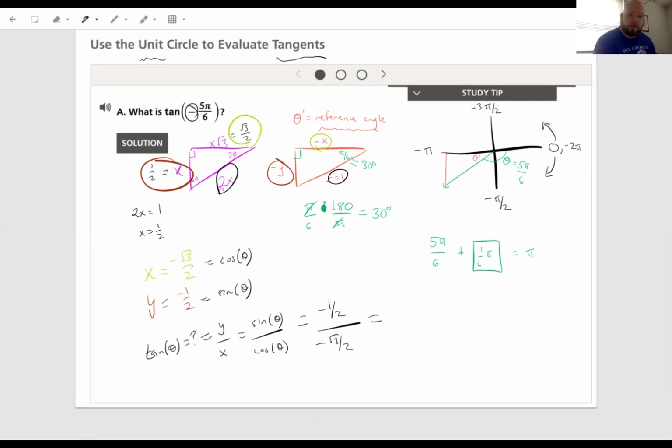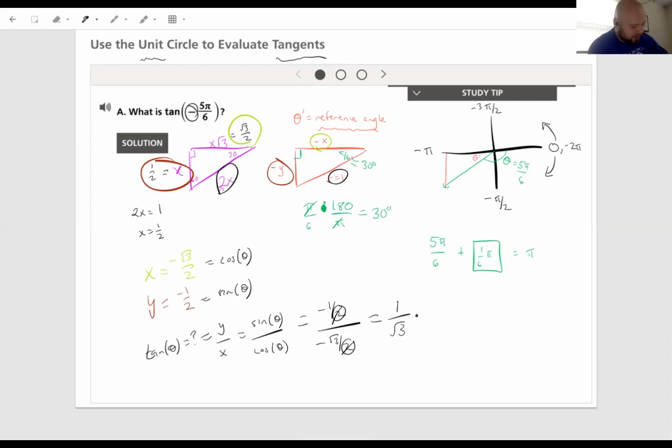So the first thing that I see is that I have a negative on the top and a negative on the bottom. So that means my answer has to be positive. I also see that the denominator of each of those fractions is 2. And when your denominators match, you can cancel them out. And you'll be left with just the 1 over the square root of 3. So we need to rationalize this.